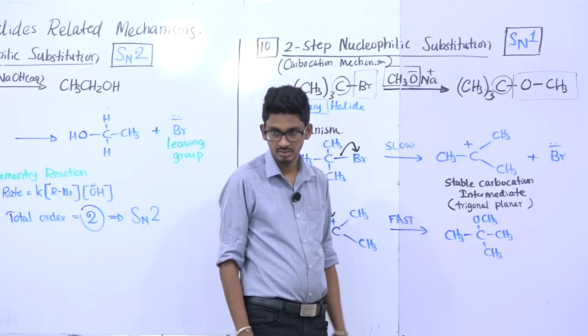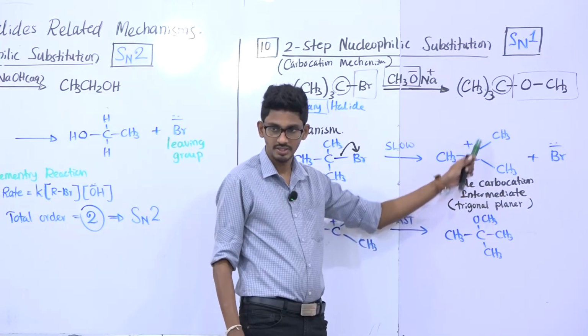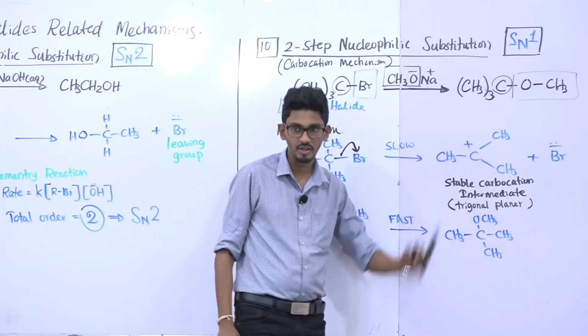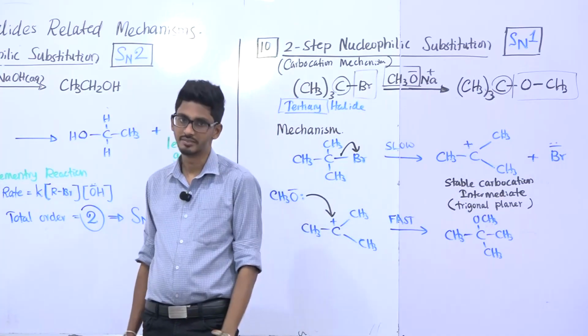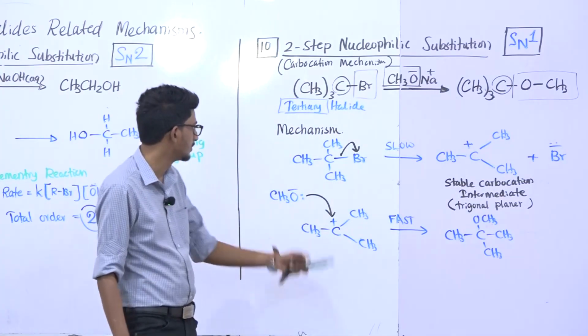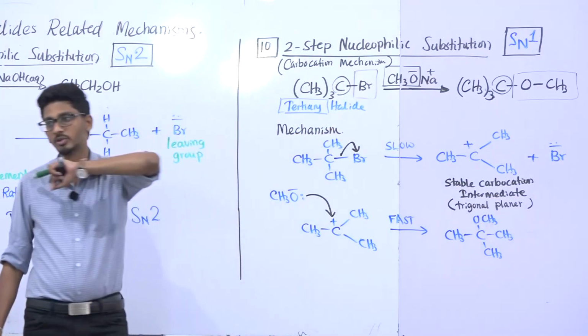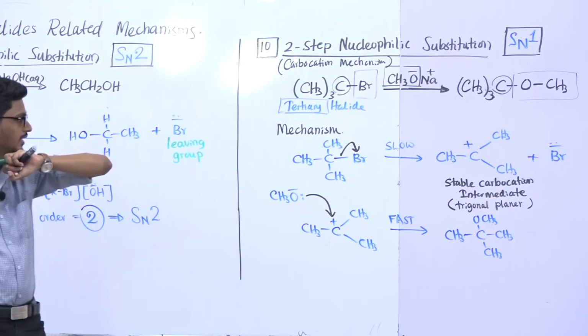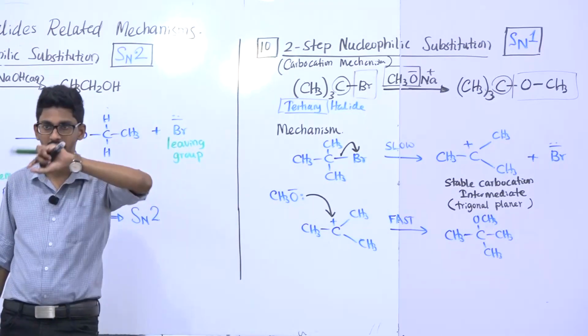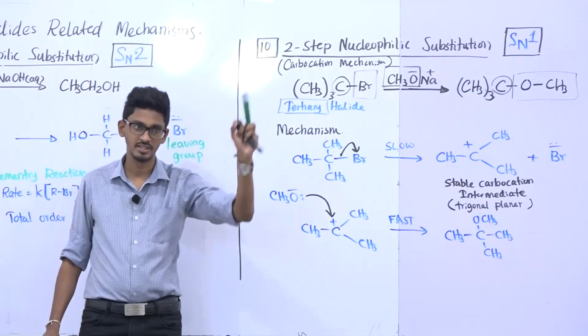Why? They lack octets. So they are unstable species compared to the reactants and the products. That is why they are referred to as intermediates. They only appear as intermediates, not as reactants or products.